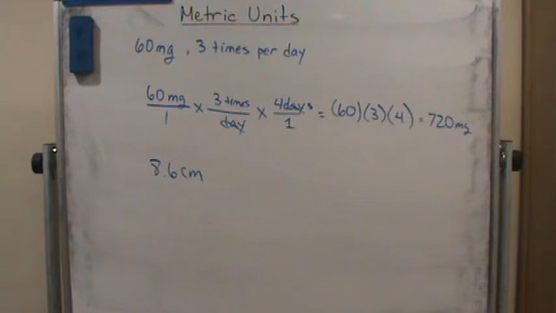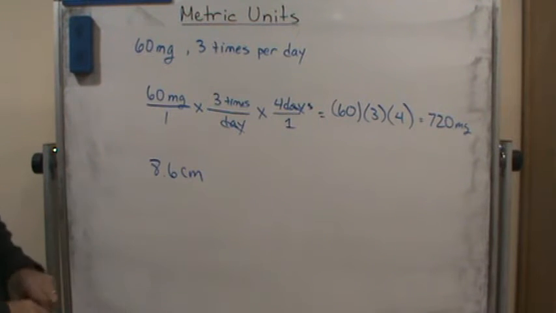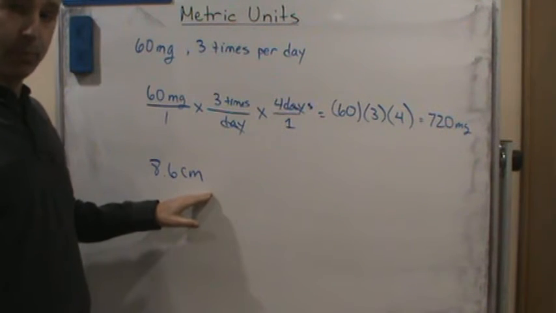Okay, so now, think about this. How do we find the greatest possible measurement? Or excuse me, error. How do we find the greatest possible error? Remember, it's half of the precision.